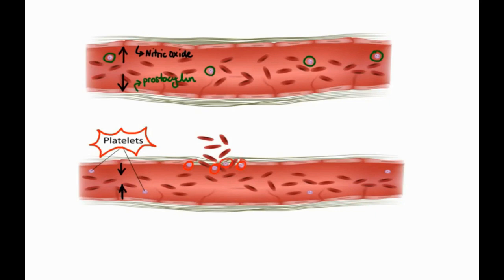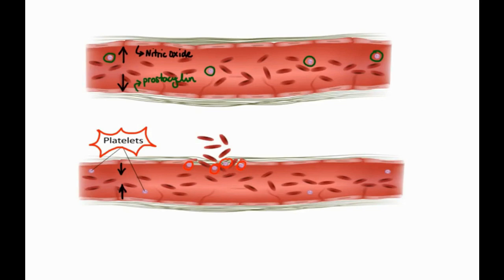Whenever there is an injury or a cut in the blood vessel, suddenly we have less nitric oxide and prostacyclin, and the blood vessels constrict, and the binding sites which prevent the aggregation of platelets are fewer in number.